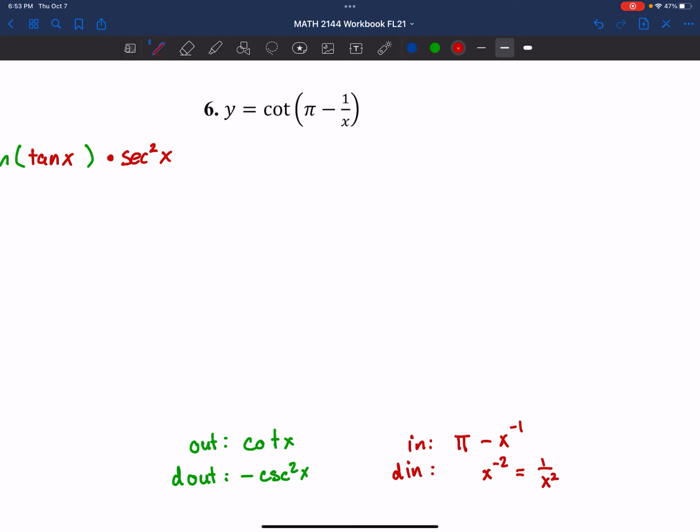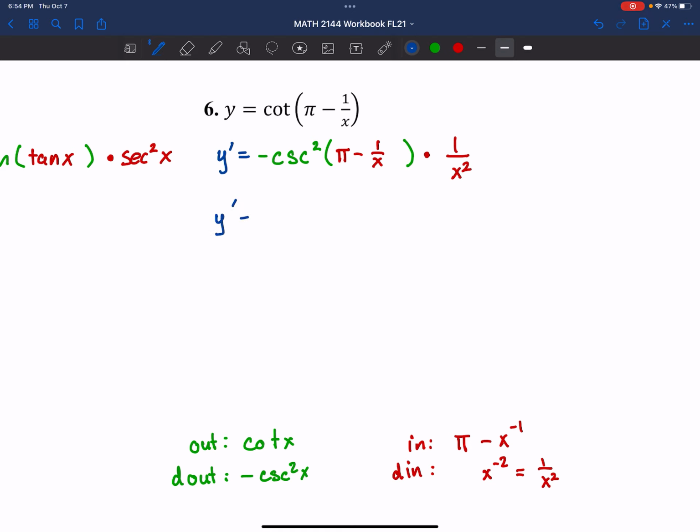So now that we have the setup out of the way, the derivative of y is going to be the outer function's derivative, so minus cosecant squared, and then instead of x, we'll just bring the inner function, pi minus 1 over x along, multiplied by the derivative of the inner, which is 1 over x squared.